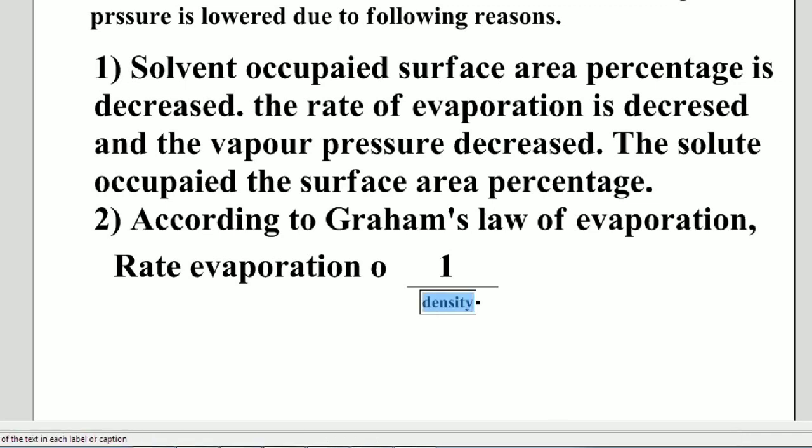That's why when a non-volatile solute is added to the solvent, the vapor pressure is decreased.